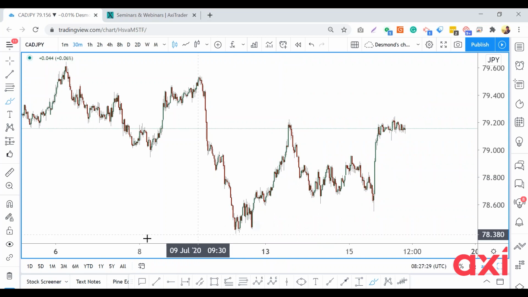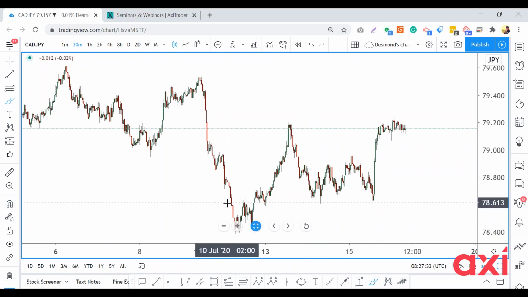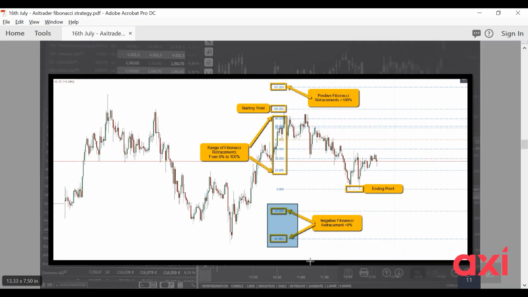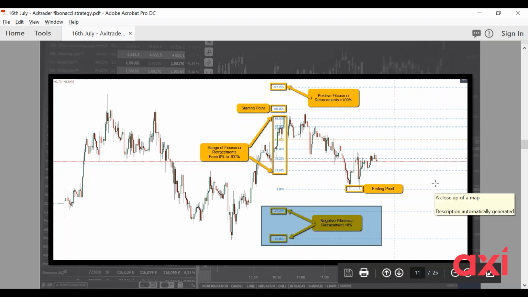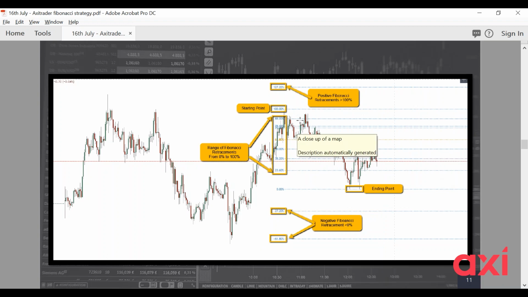Now, let's see. What about the concept of negative Fibonacci retracement? What does it mean? For negative Fibonacci retracement to work, your Fibonacci retracement should traditionally retrace anywhere between 38 to 88%.